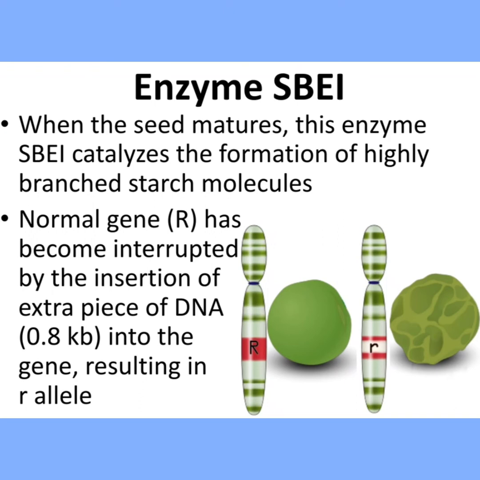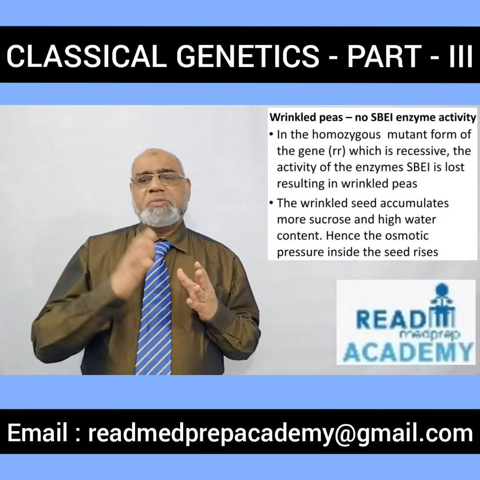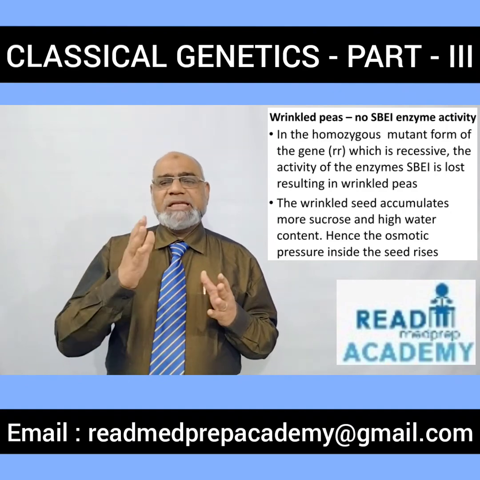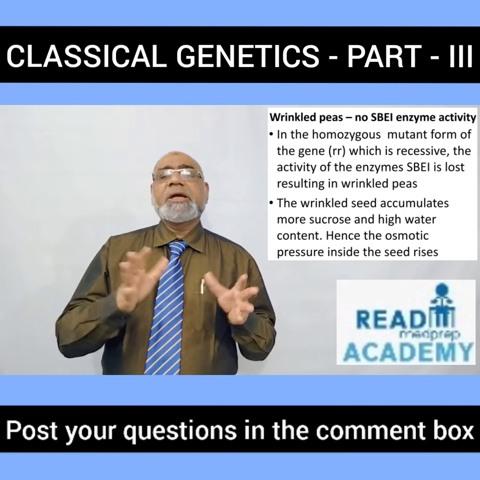The normal gene capital R has become interrupted by the insertion of an extra piece of DNA, 0.8 kb, into the gene, resulting in the small r allele. In the homozygous mutant form of the gene, small r, which is recessive, the activity of the enzyme SBEI is lost, resulting in a wrinkled pea.